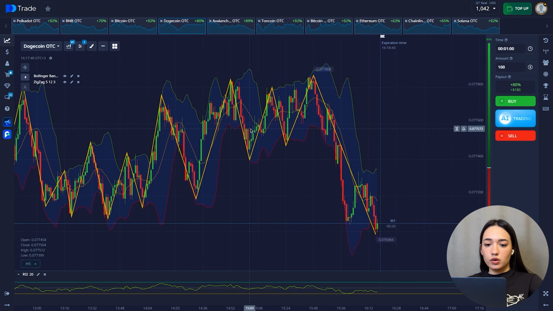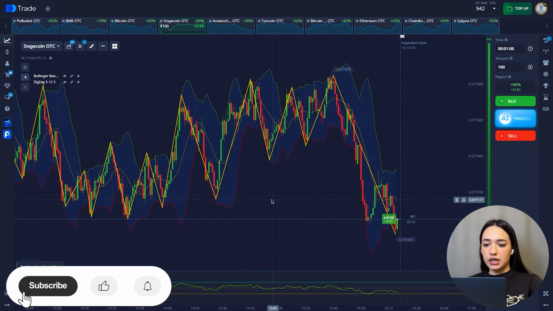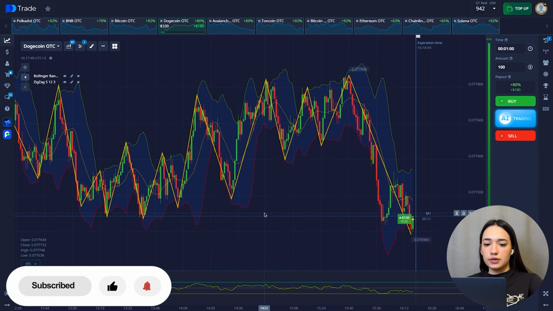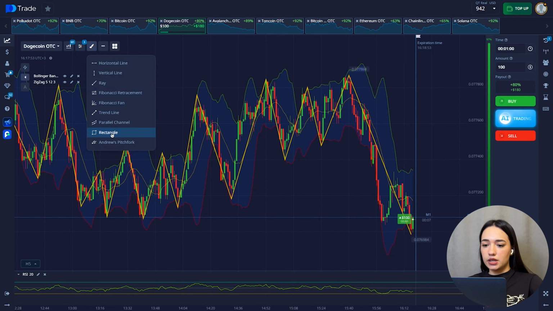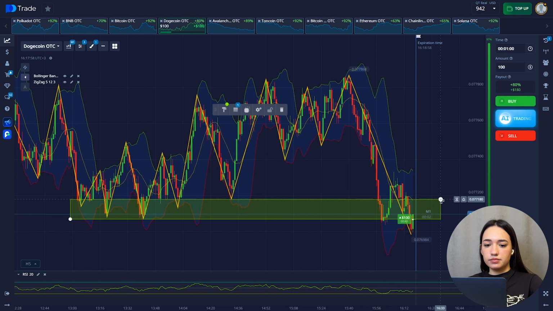And right here, I will probably open the first trade upwards immediately on this candle. We have had a breakout of a very strong structural global low, and we can now highlight the support area.